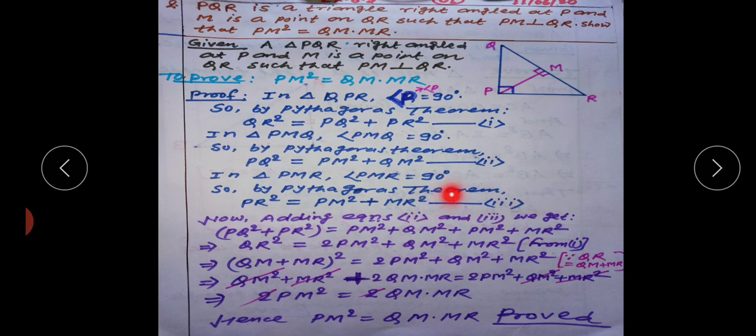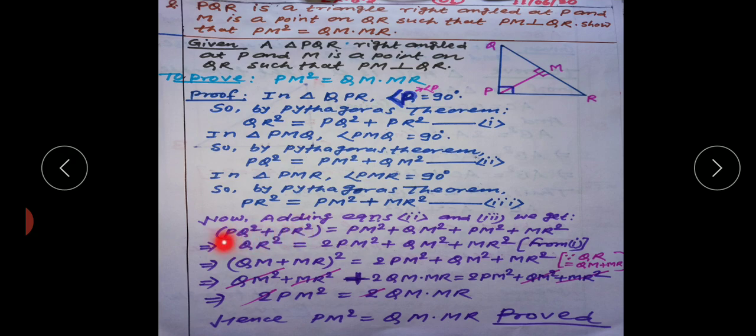Now let us add equation second and third. We get PQ square plus PR square is equal to PM square plus QM square plus PM square plus MR square. Now PQ square plus PR square, as you can see in equation first, is equal to QR square.